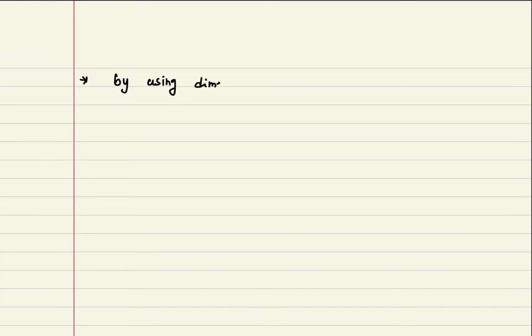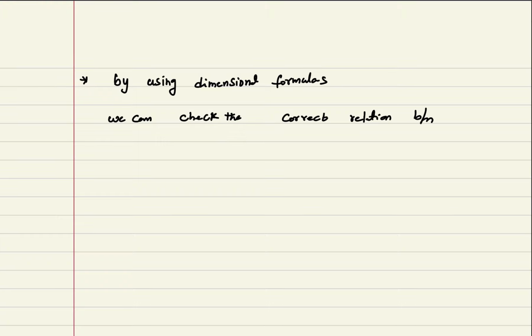Okay, by using dimensional formulas or dimensional analysis, we can check the correct equation, correct relation between different physical quantities. Only different physical quantities. You cannot check that number is correct or wrong. Okay, only correct relation you can check whether the given relation is correct or wrong.